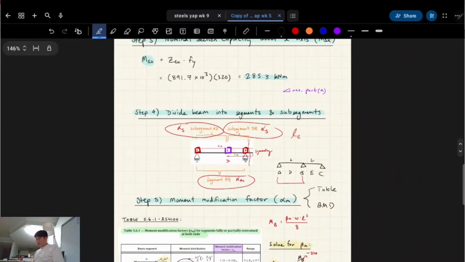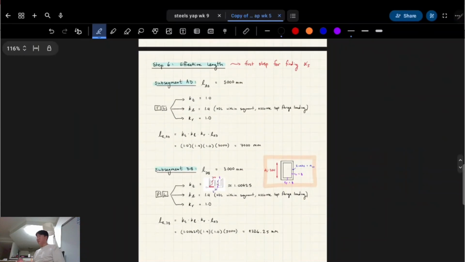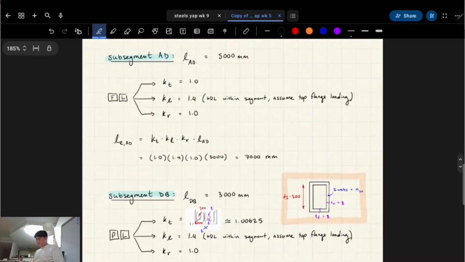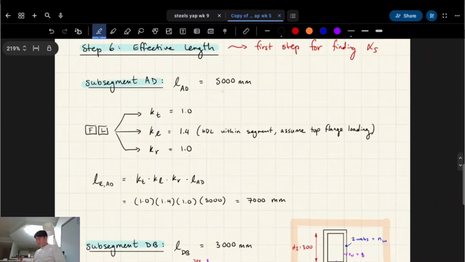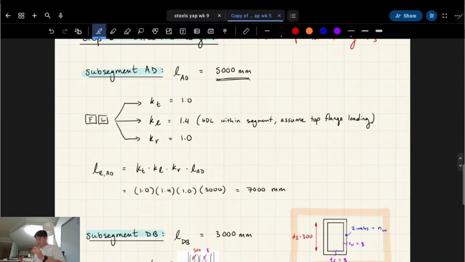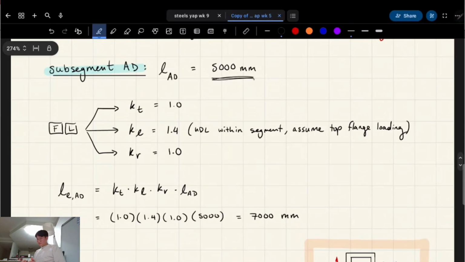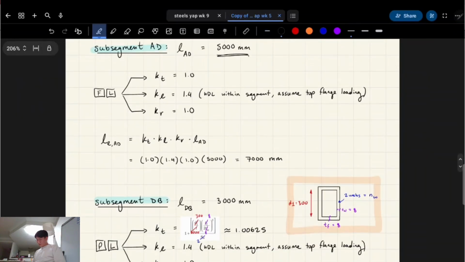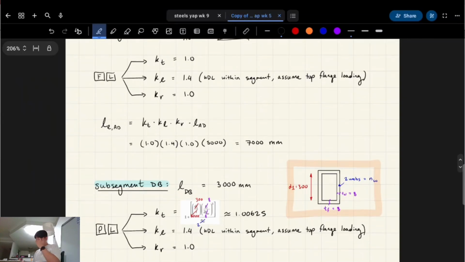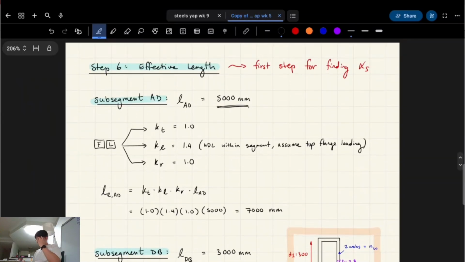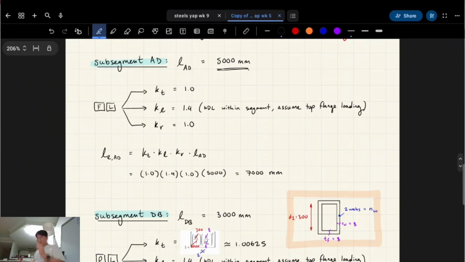Now we're going to do it based on subsegments because we're working towards alpha S. This is the actual length, and then there's a few factors. This is a twist factor, and it's dependent on how many webs you have. Should I pull it up?